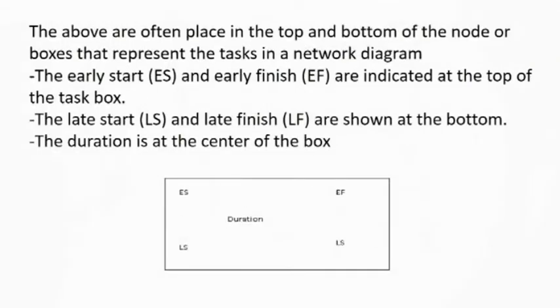The above are often placed in the top and bottom of the nodes or boxes that represent the tasks in the network diagram as seen below. The early start and early finish are indicated at the top of the box. The late start and late finish are shown at the bottom.